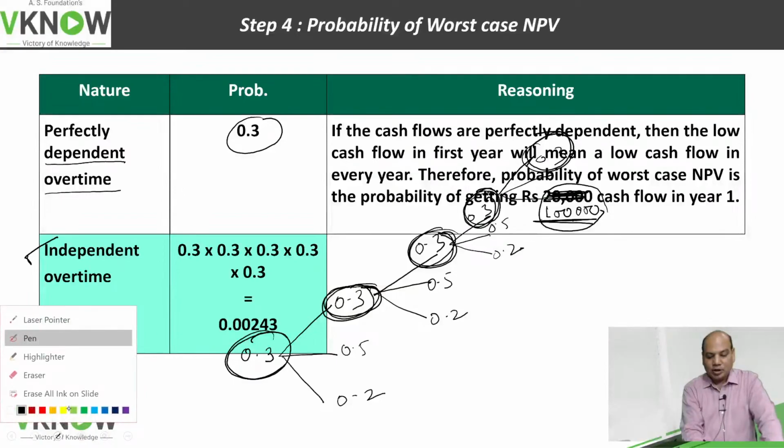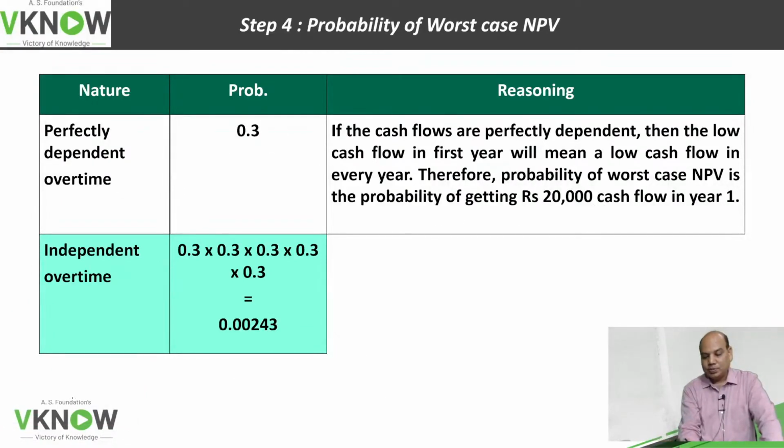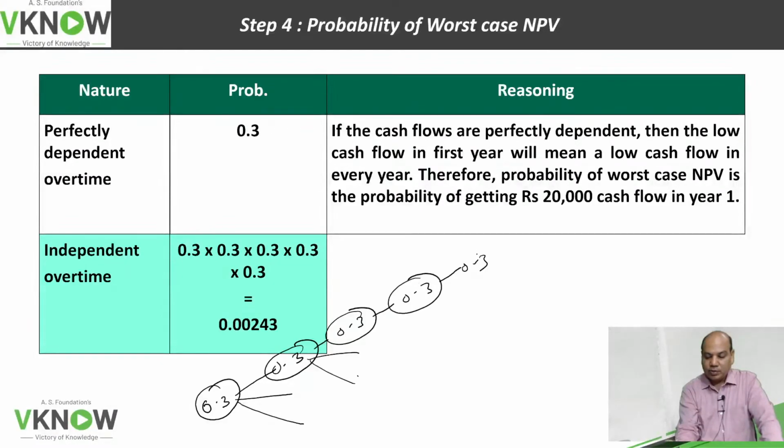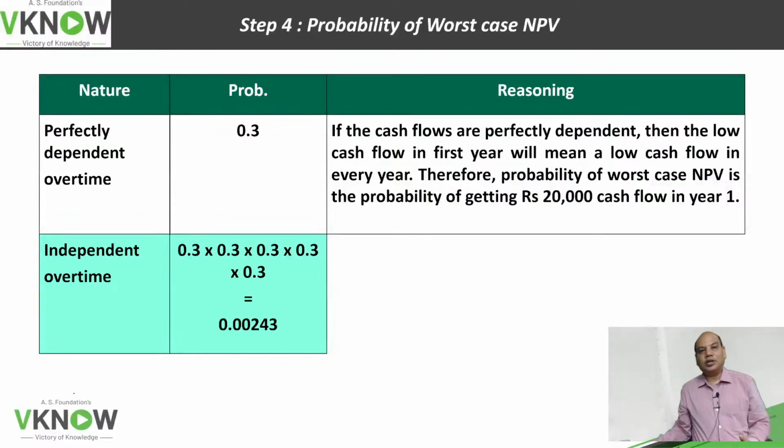And this is the explanation. We have given the diagram to explain 0.3, 0.3, 0.3, 0.3, 0.3, but other possibilities also exist. What is the probability of getting 1 lakh in year 1 and year 2 and year 3, which means you have to apply joint probability.